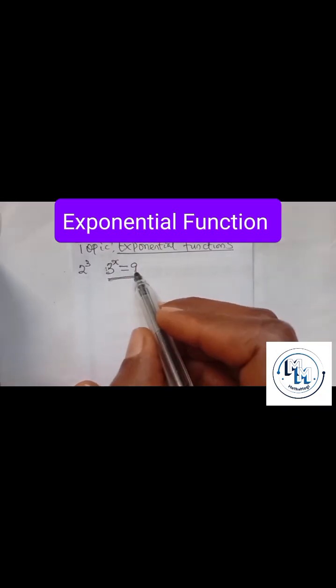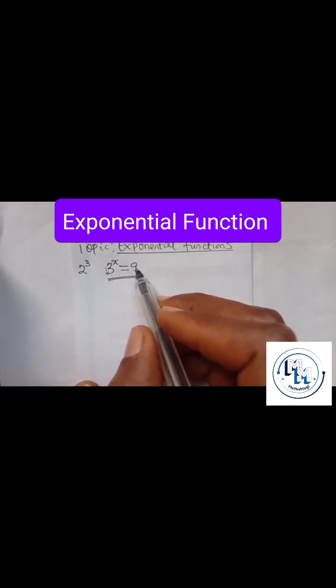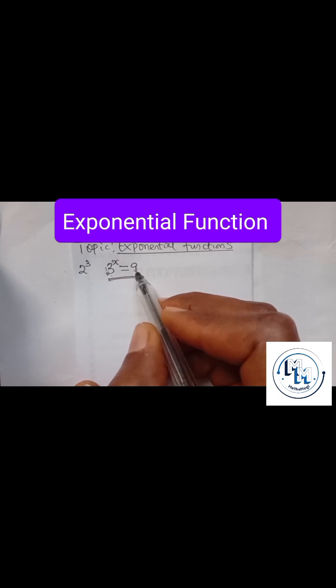That becomes the easiest way or the best approach to tackle exponential functions. I repeat, such an equation can only be solved if both sides can be expressed in the same base. Is that okay?